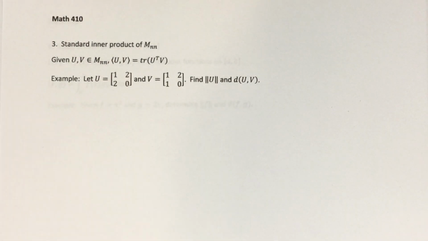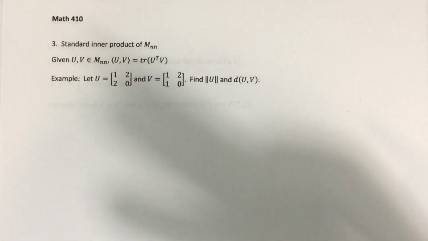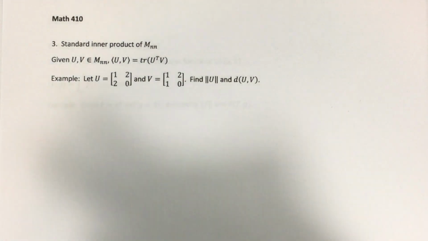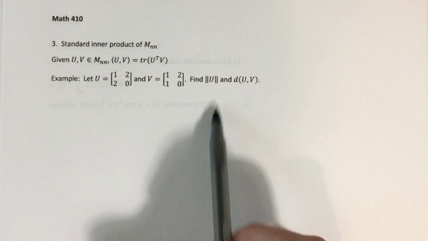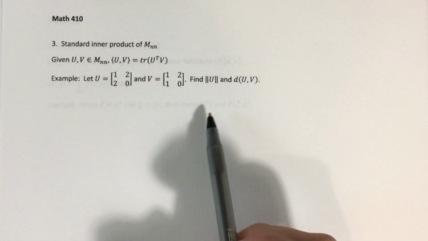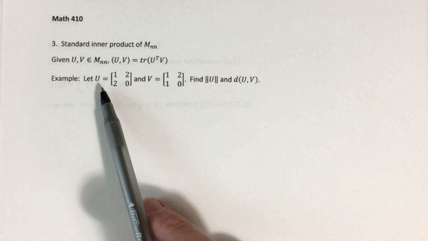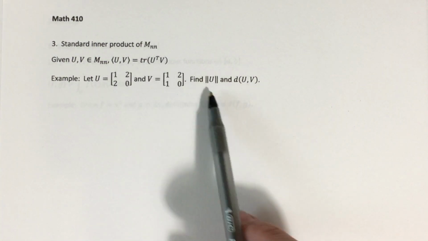Because it's a lengthy exercise to prove that each one of these is an inner product, we're not going to prove that this is an inner product, although that is a good exercise for you to try out. Instead, what I want to do is practice using the inner product for the things that we care about, the norm of vectors and the distance between vectors. So here, we're doing a couple of things.